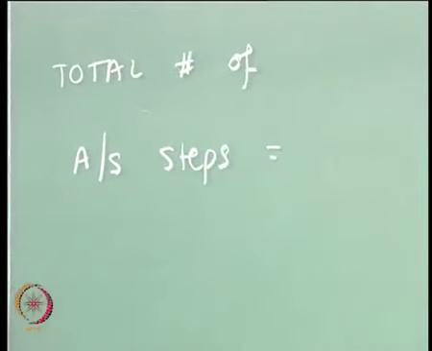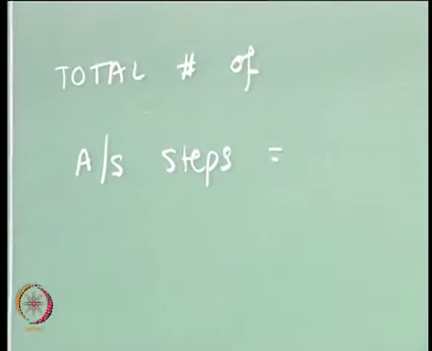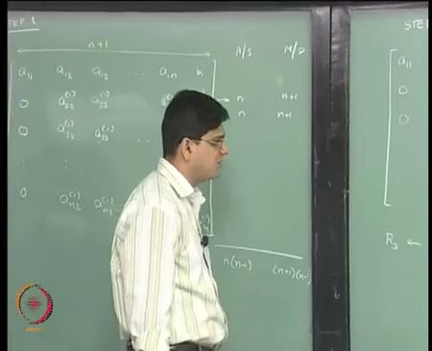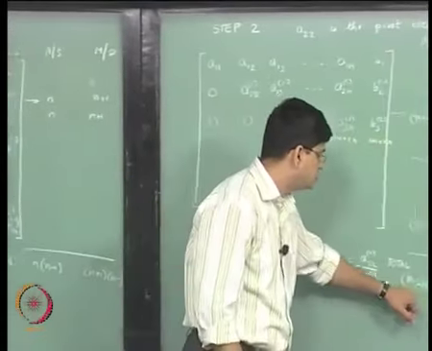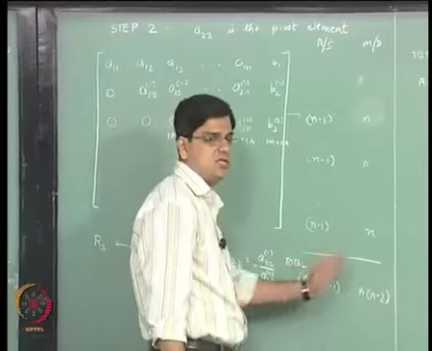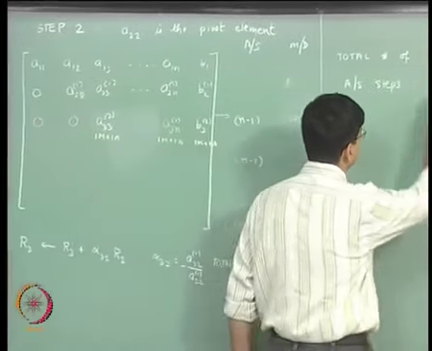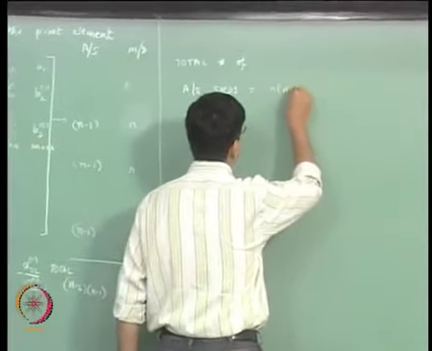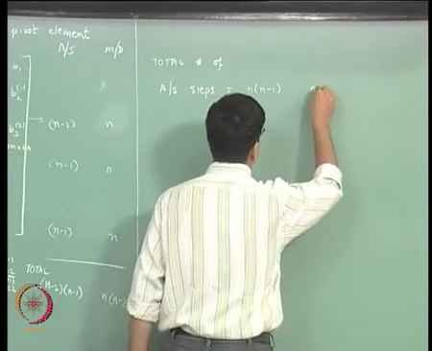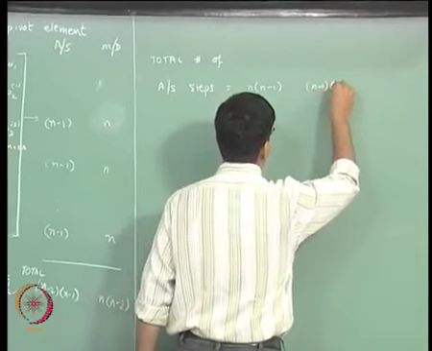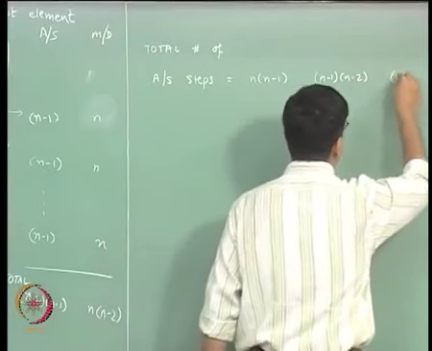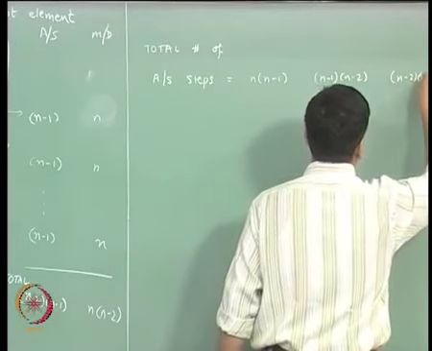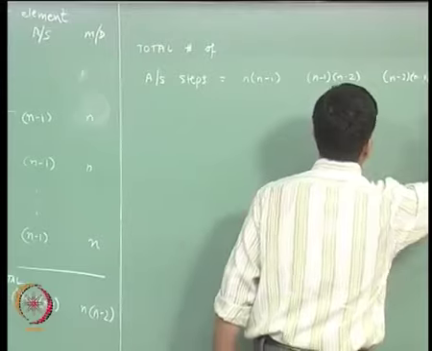are going to be equal to, okay, we go back over here, n multiplied by n minus 1, then n minus 2 multiplied by n minus 1, n minus 3 multiplied by n minus 2, and so on and so forth. So n minus 1, n minus 1, n minus 2, n minus 2, n minus 3 and so on.